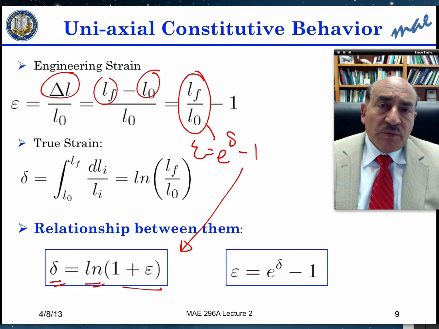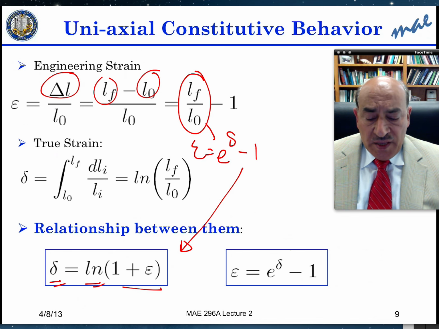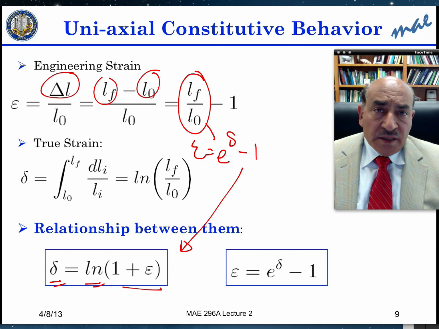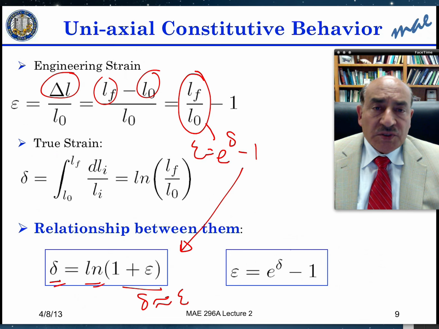So in our minds, this makes sense, because if epsilon is very small, then delta will be approximately equal to epsilon. If epsilon is large, then delta will be larger than epsilon, because ln of 1 plus x is greater than x in general.